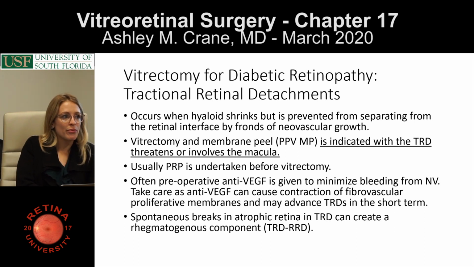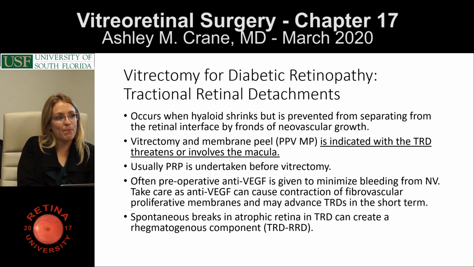So tractional detachments are treated differently than rhegmatogenous detachments. If it's a rhegmatogenous detachment and the macula is on, you're going to surgery very quickly to make sure that it doesn't detach. But oftentimes, tractional detachments in the periphery are observed because they progress so slowly that sometimes they never progress to cause vision loss.